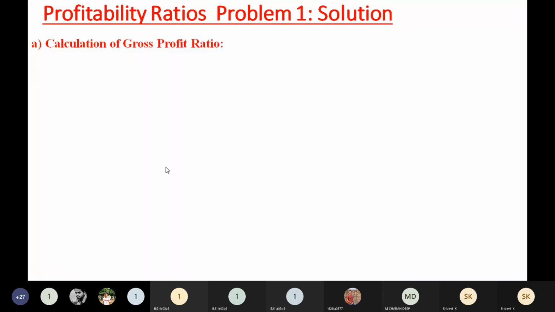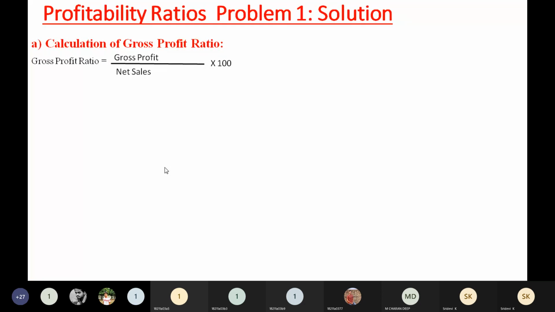What is the formula to calculate this? Gross profit ratio is equal to gross profit divided by net sales into 100. When you calculate profitability ratios, always multiply by 100, so the result will be a percentage.